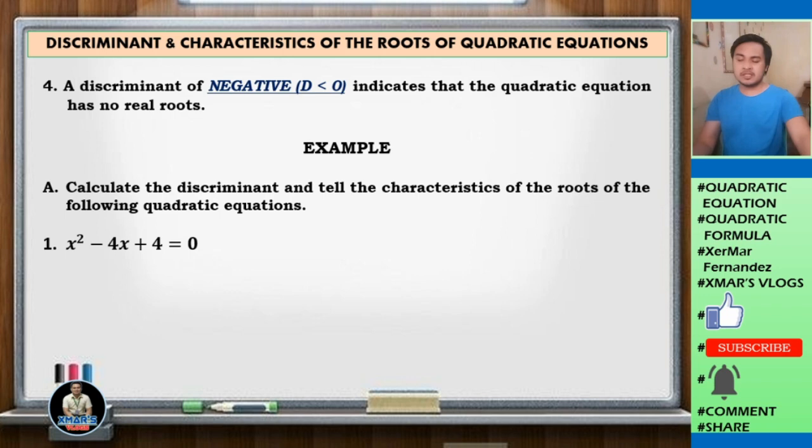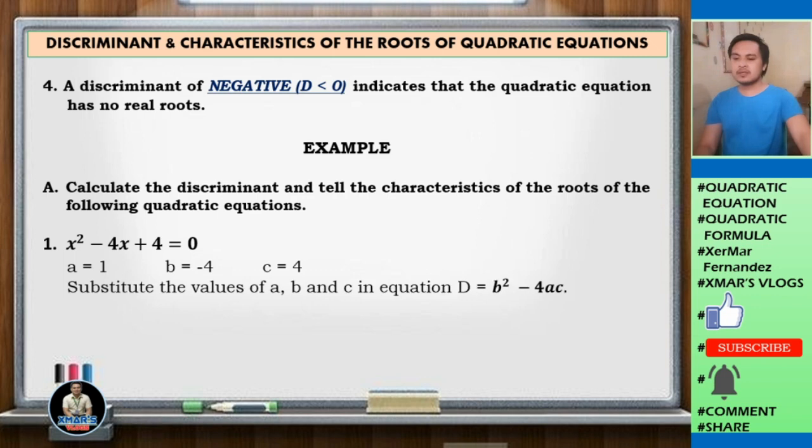So let us proceed in identifying the values of a, b, and c. a is equal to 1, b equals negative 4, and c equals 4. Next, we substitute the values of a, b, and c into the formula for the discriminant, d equals b squared minus 4ac.